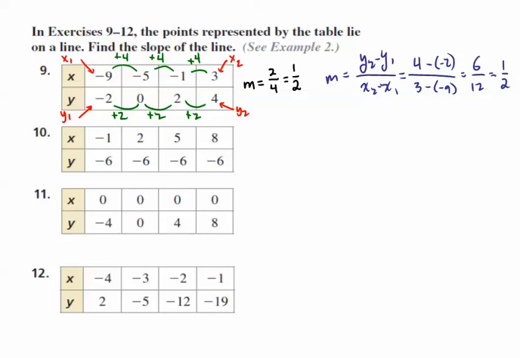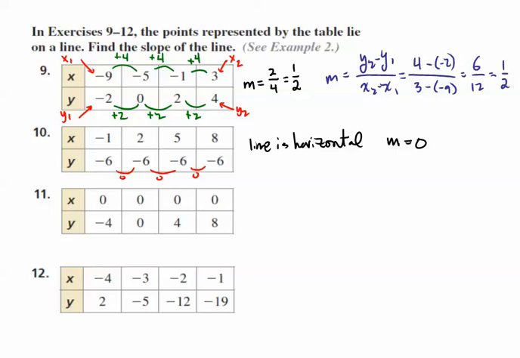So for number 10, we can simply notice that the y's have no difference, or that all of the points on the line share the same y coordinate, which has to mean that the line is horizontal and slope is 0.